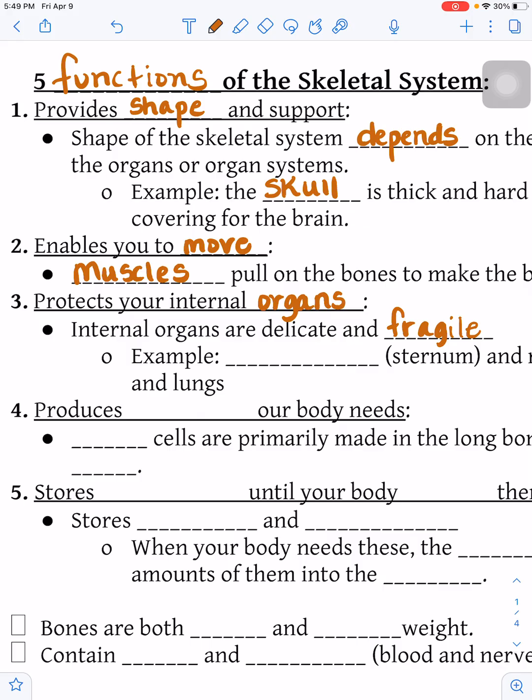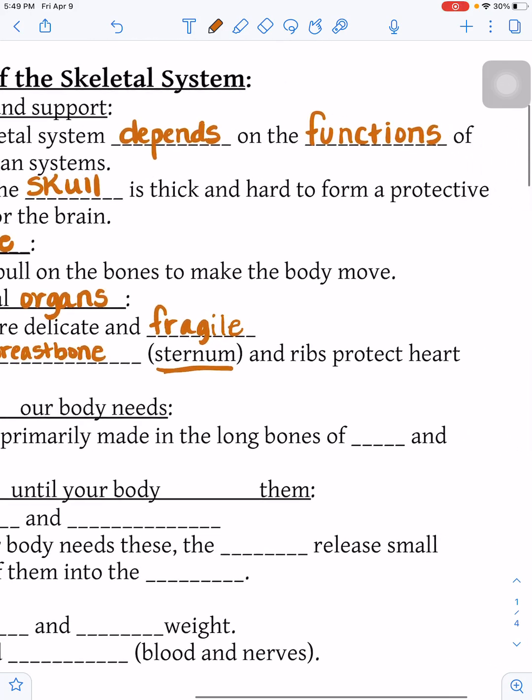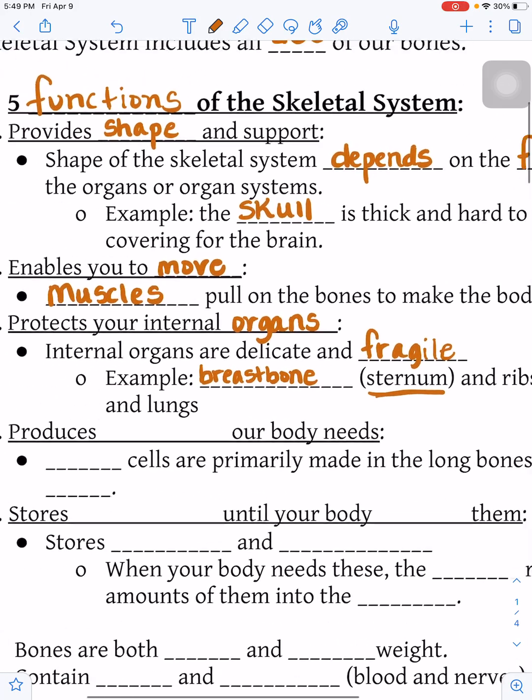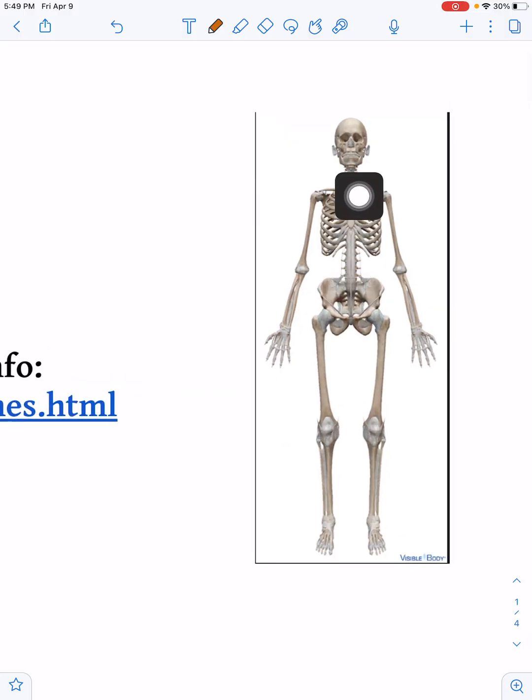Example, the breastbone, which is the easier name. It's the one I was talking about just a minute ago, called the sternum. It looks like a bow tie, a necktie. It's attached to the ribs and it protects the heart and lungs. Let's look at that again on our picture. Right here. The sternum.